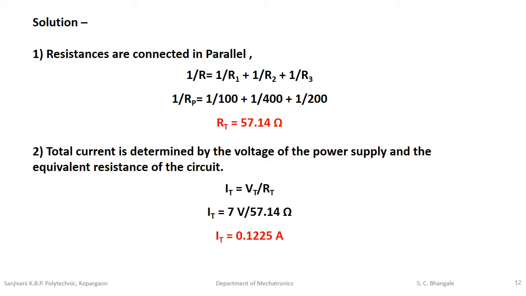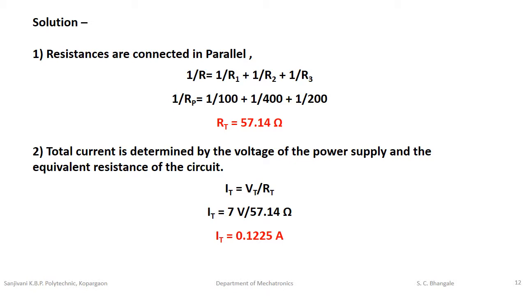We have to calculate the total current. If this current is divided among the three resistors R1, R2, R3, then the currents flowing through the individual resistances are I1, I2, I3. But here we have to calculate the total current. The formula is IT equals VT by RT.